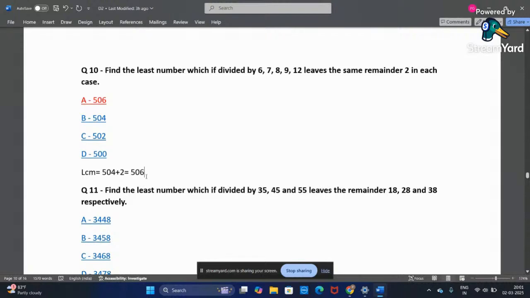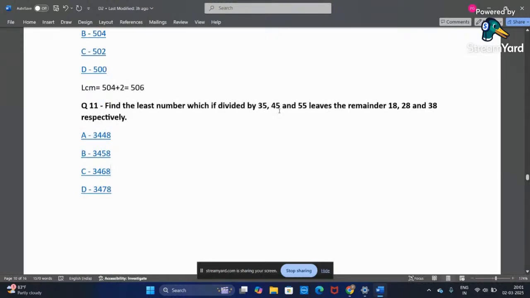Same way, find the least number which is divisible by 35, 45 and 55 and leaves a remainder of 18, 28, 38 respectively. What you have to do is subtract this number with this number. Same way, 45 minus 28 and 55 minus 38.